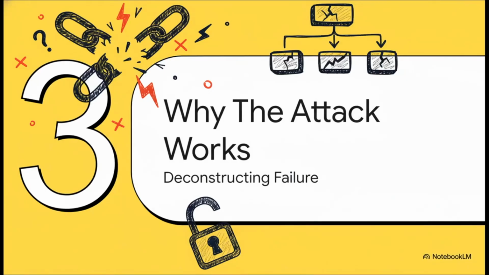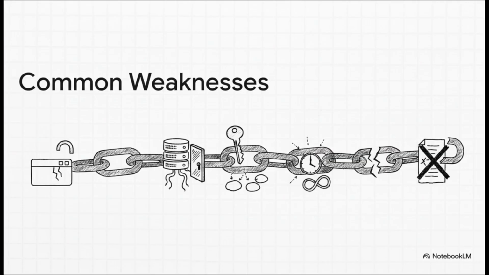Okay, so we have seen just how devastating this can be, but the big question is, why did it even work? Let's break it down and really deconstruct the specific security failures that let this happen to Sarah so easily. This attack was really only possible because a whole chain of pretty common weaknesses all lined up just right.